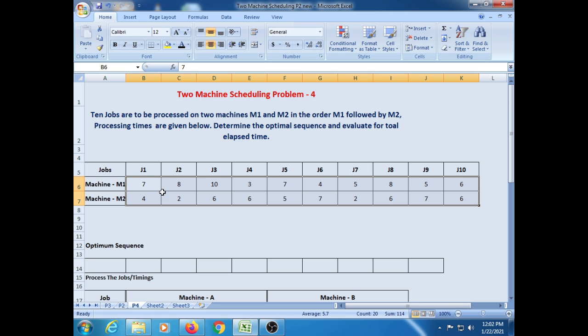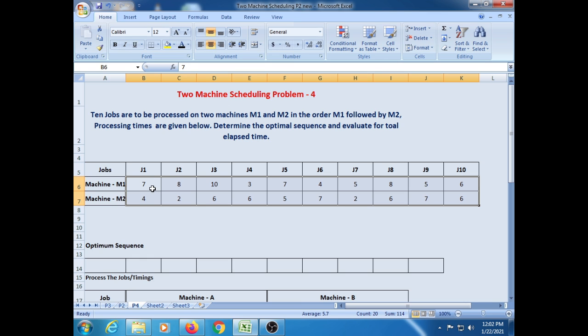For finding the optimum sequence, first we have to consider all the processing times relating to all the jobs and all the machines. So the selected processing times are all the processing times.